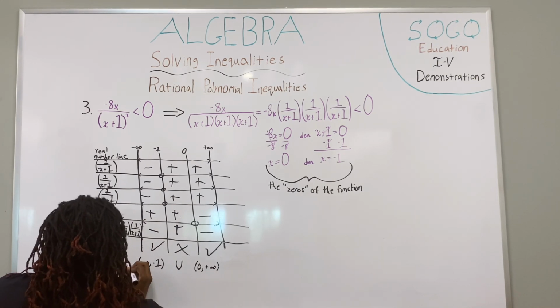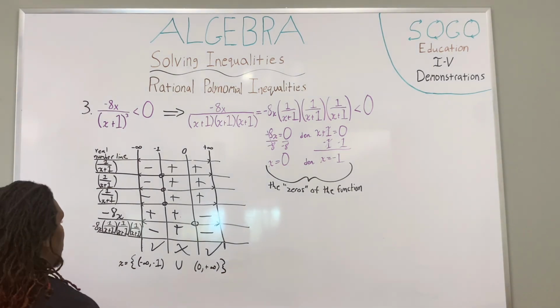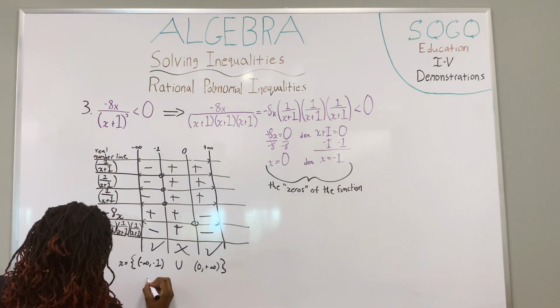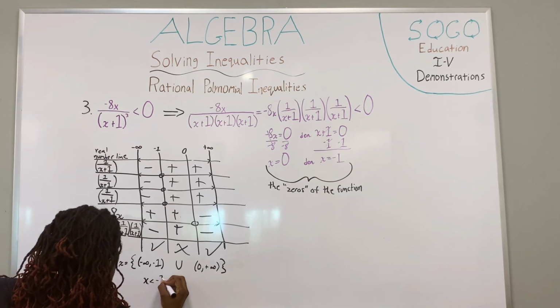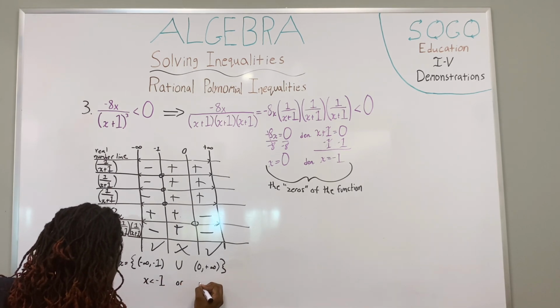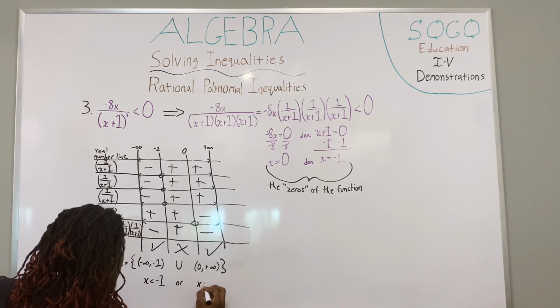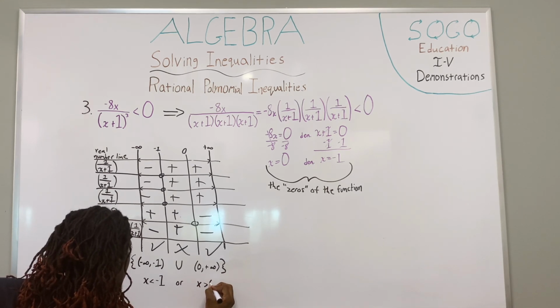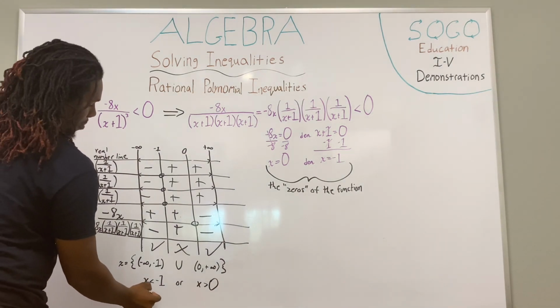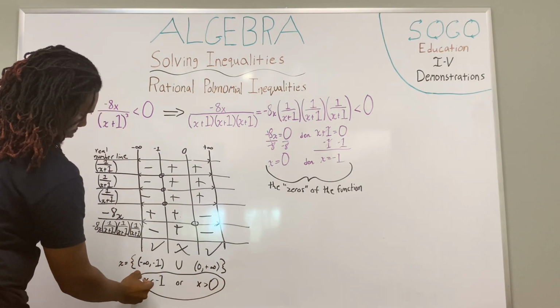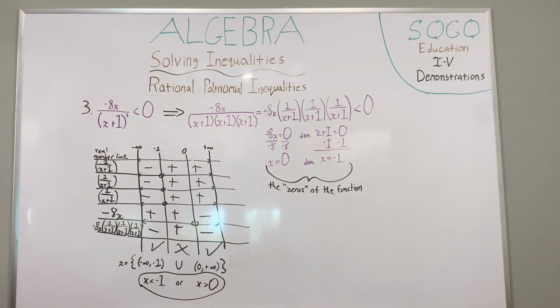And that's gonna be our solution set. All right, now I'm gonna write my solution set in inequality form. -infinity to -1 is x is less than -1, and then the union is or. And then from 0 to +infinity is every x value greater than 0. And now we got our answer.